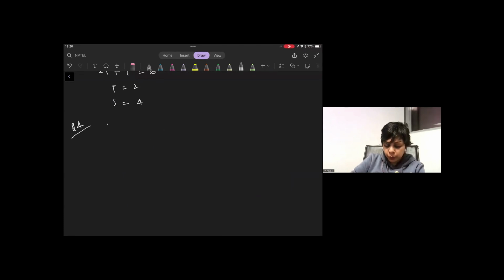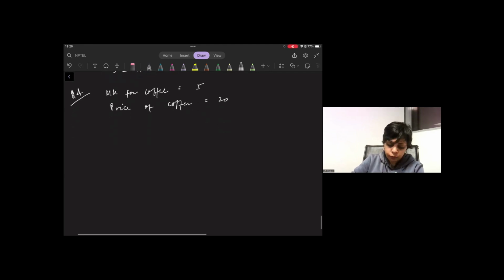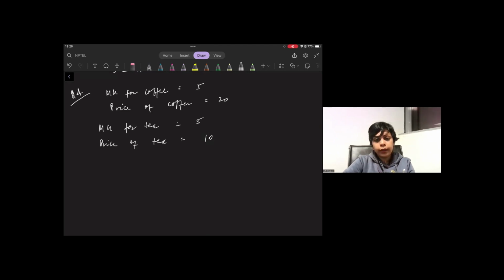Let's say my marginal utility for coffee is equal to 5 and price of coffee is equal to 20. Similarly, my marginal utility for tea is 5 and price of tea is equal to 10.